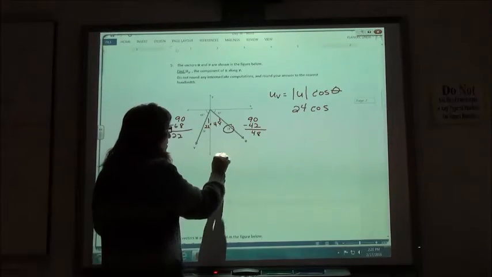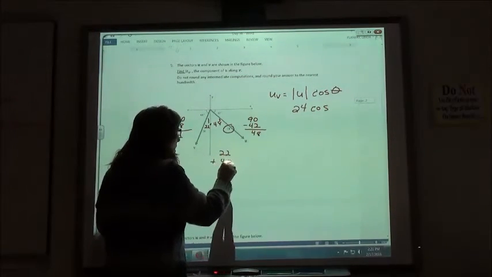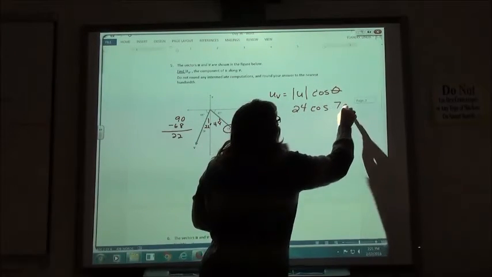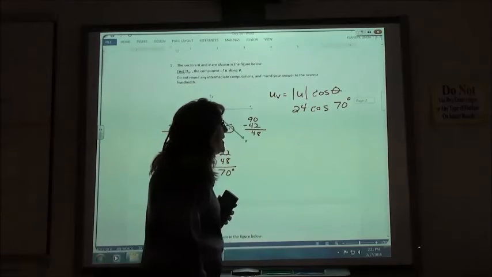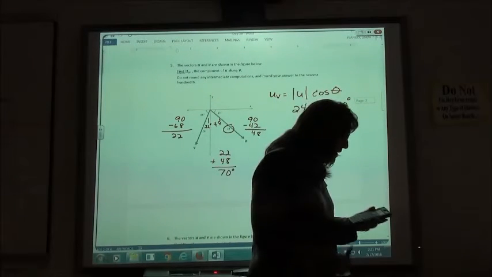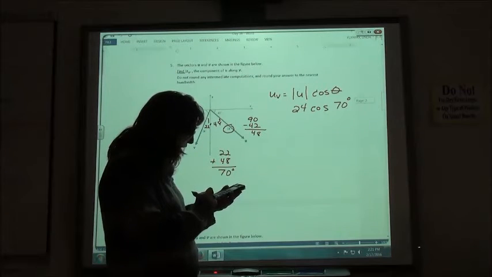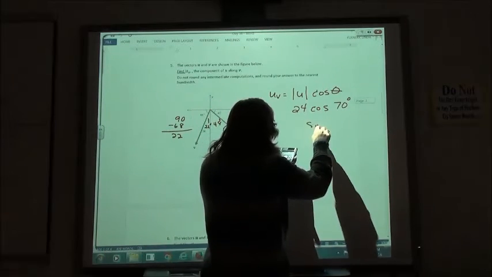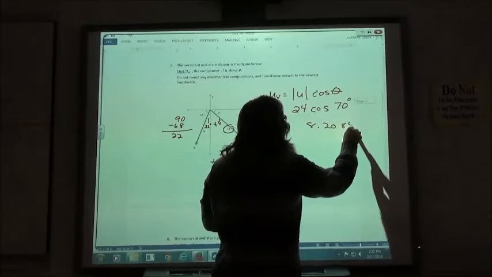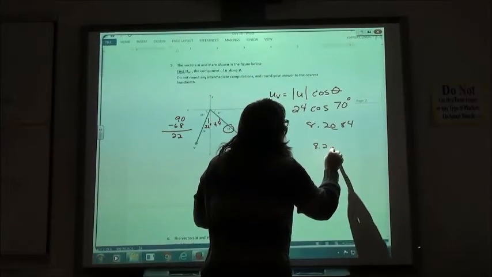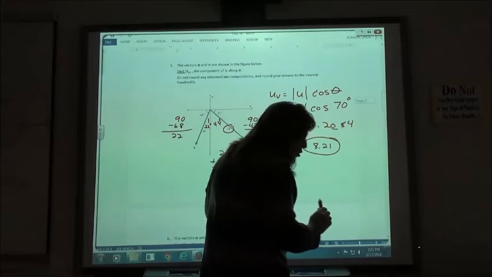So 22 plus 48 gives me 70 degrees. All I'm going to do is calculate 24 times the cosine of 70. 24 cosine of 70 gives me 8.2084. Rounding to the nearest hundredth, 8.21 would be the answer.